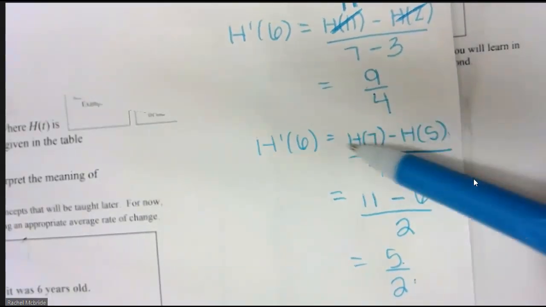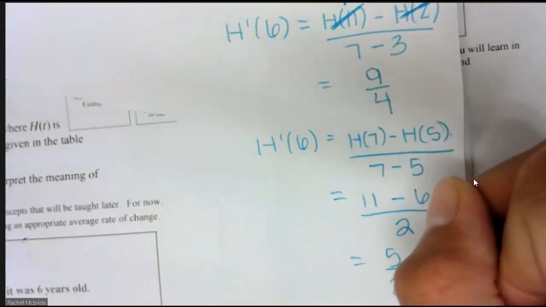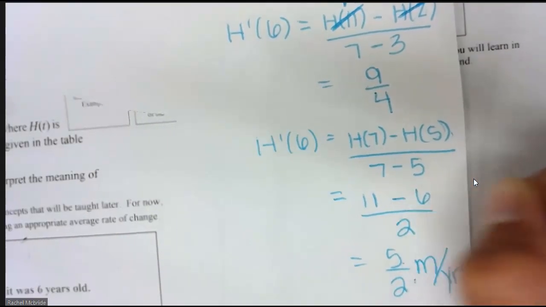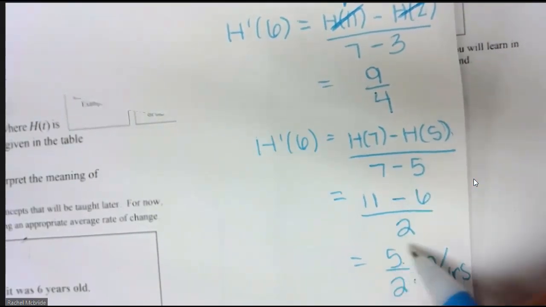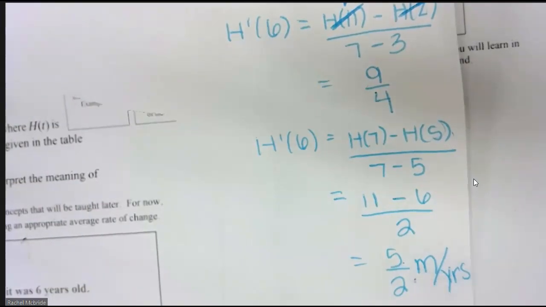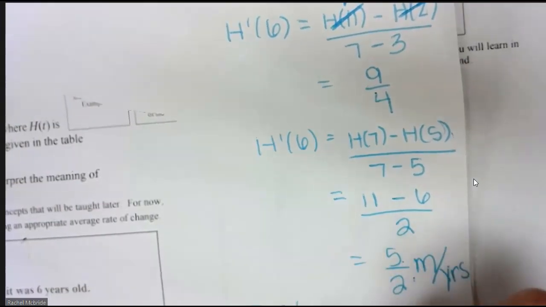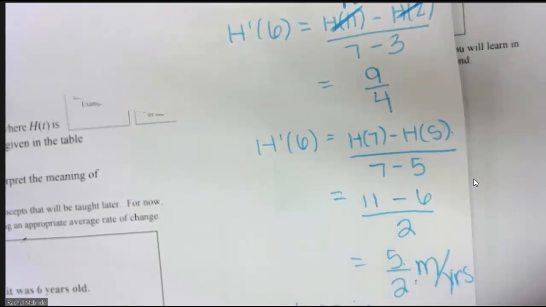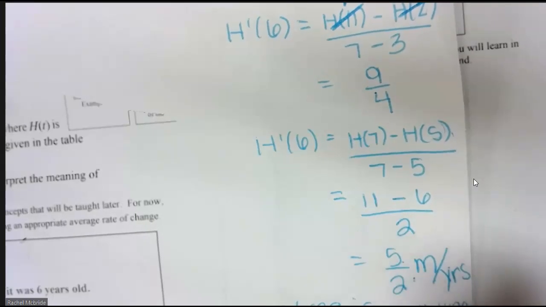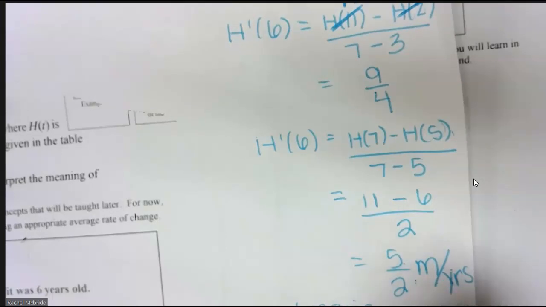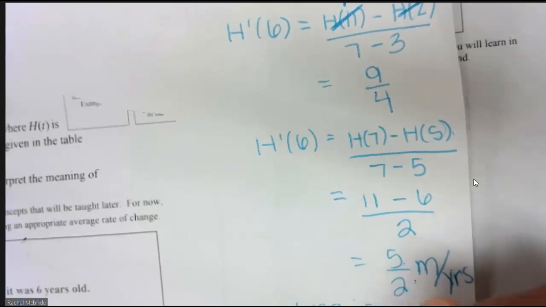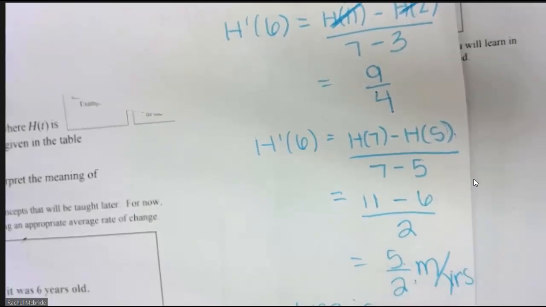And our units for h are meters, time is years. So what that means is that the tree is growing at a rate of 5 meters every year at 6 years old.